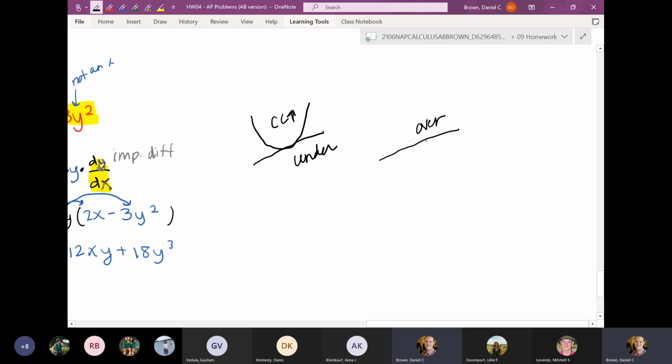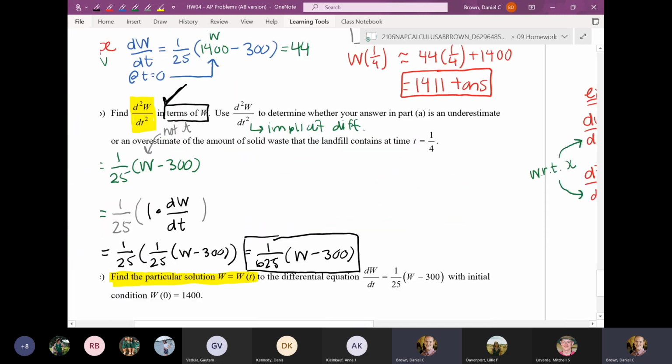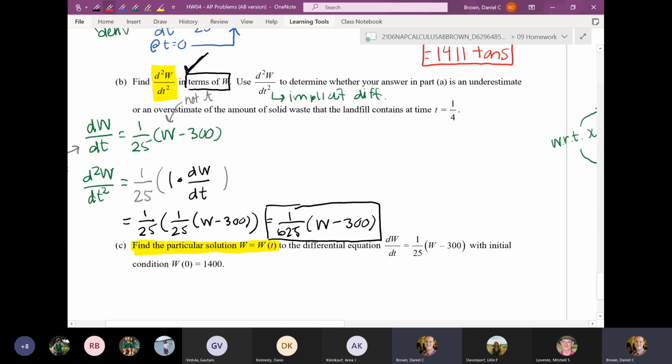That tangent line is going to be an overestimation if that curve is concave down. So that's why they asked us to find the second derivative. We need to basically figure out, hey, is this second derivative positive or is this second derivative negative? And we can figure out what it is.